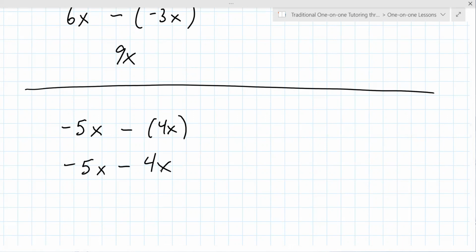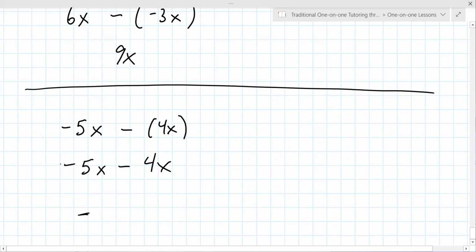They're both 1x, but they're both negative. So the answer has to be negative. And then you just add the numbers. So what is the answer here?